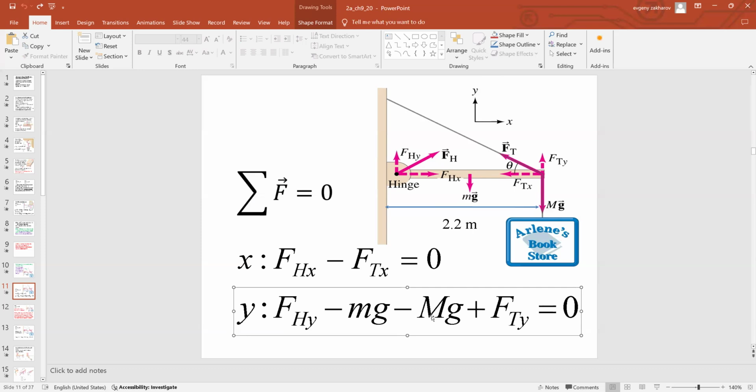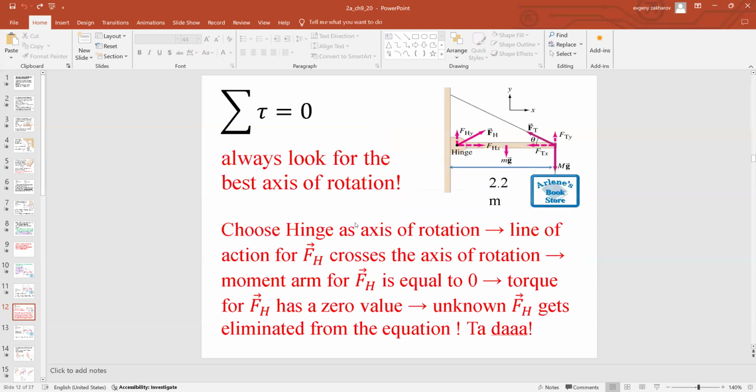So plus, minus, minus, plus equals to 0. 0 is your condition for equilibrium. So nothing tricky here, just regular approach with solving vector equations by components.